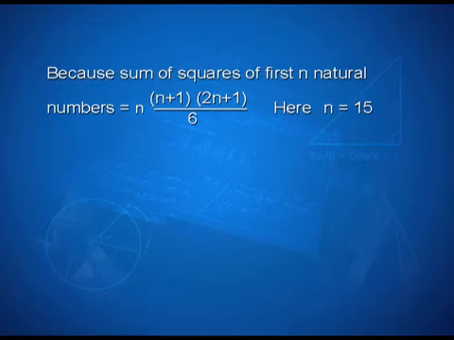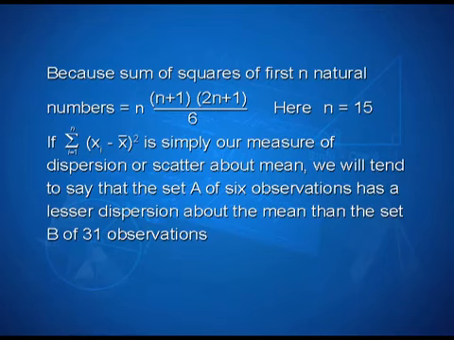Here n is equal to 15. If the summation, i varying from 1 to n, of (xi minus x bar) whole square is simply our measure of dispersion or scatter about the mean, we will tend to say that the set A of 6 observations has a lesser dispersion about the mean than the set B of 31 observations.